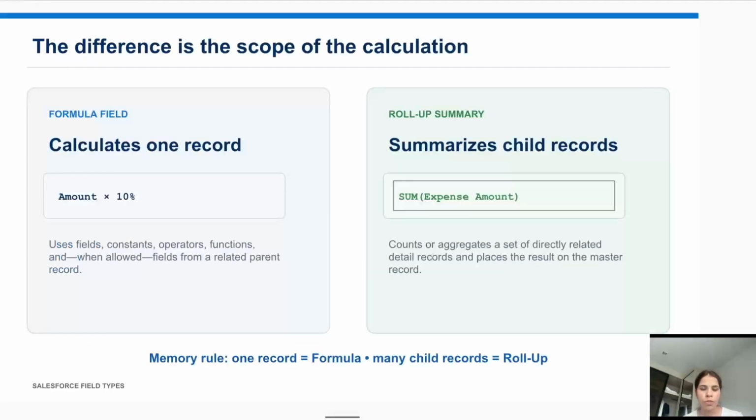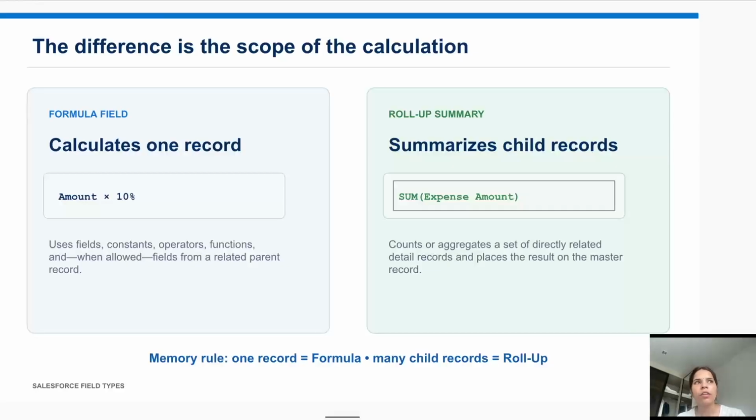Okay. So let's start with the first, the core difference. The important difference is the scope of the calculation. The formula field calculates a value for an individual record. For example, suppose there is an opportunity which has an amount field, and suppose that amount field has 1 lakh rupees, and we want to calculate 10% of that amount.